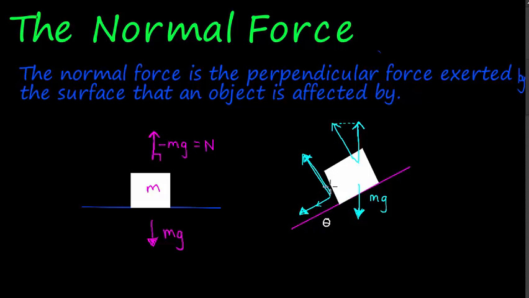There's the parallel and there's the perpendicular. Now when I put the parallel and perpendicular end to end like this, this direction here is the weight, that's mass times gravity, and this angle right there is also the angle theta. Now in a previous video I've shown why that's the case.